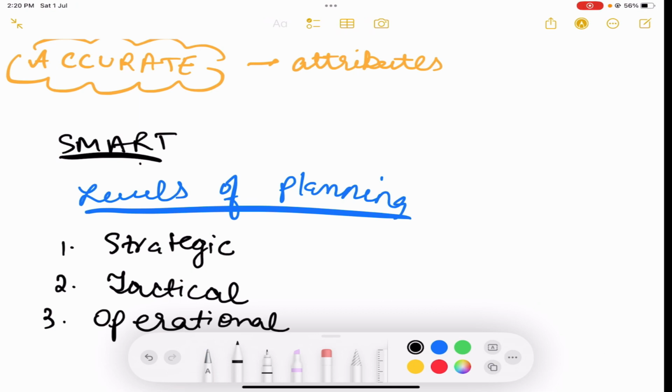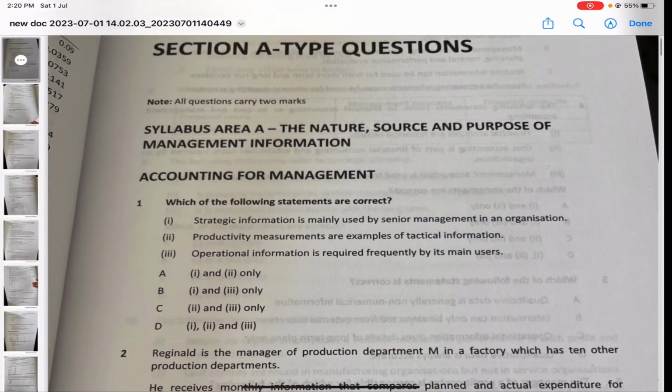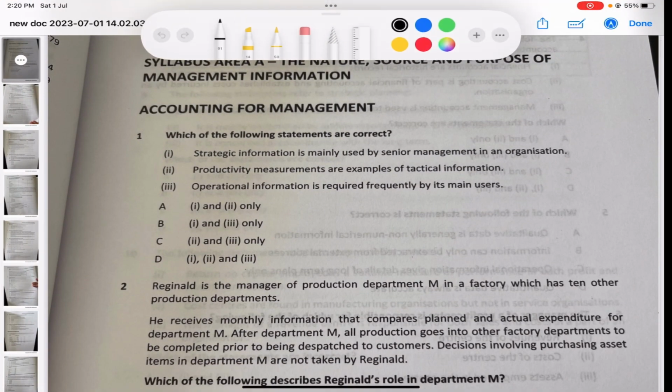Alright, so now let's start with our questions. Okay, so the first question is which of the following statements are correct?